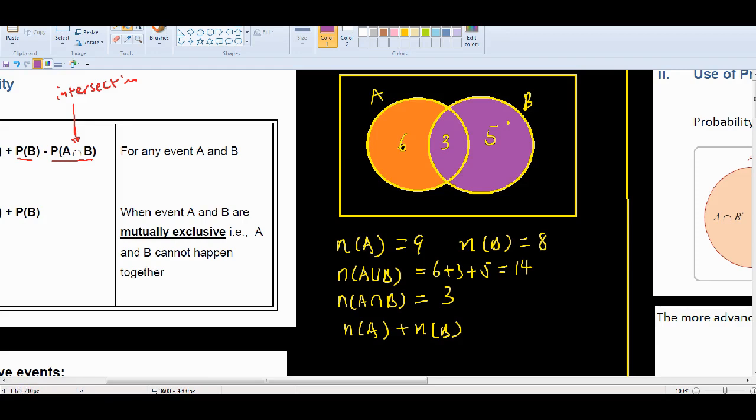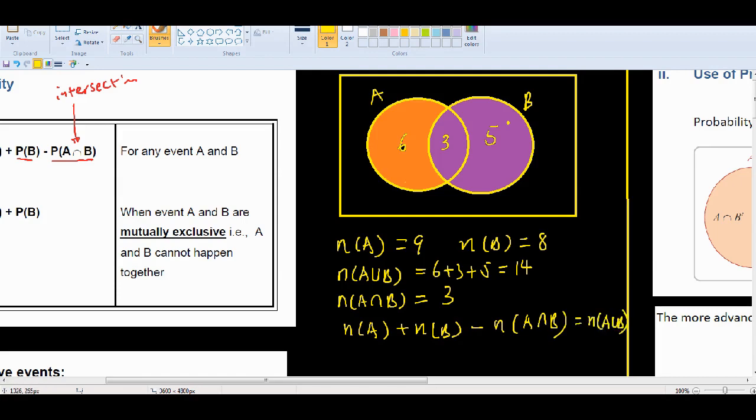The first time it belongs to A, the second time it belongs to B. So when you just add the number of elements in A and the number of elements in B, the overlapping region in the middle, you add it twice. That's why it's more than just the total number in the two circles. So that's why you need n(A) plus n(B) take away n(A intersection B) equals the union.